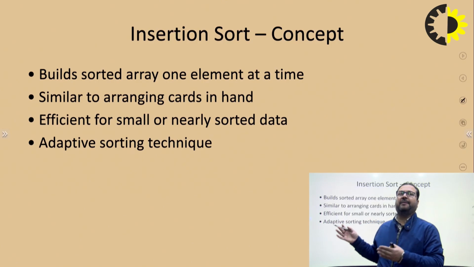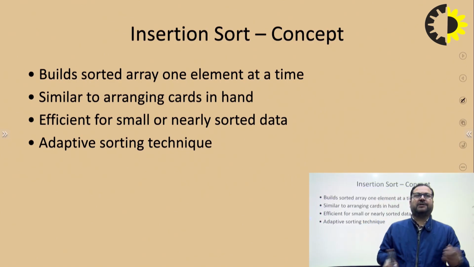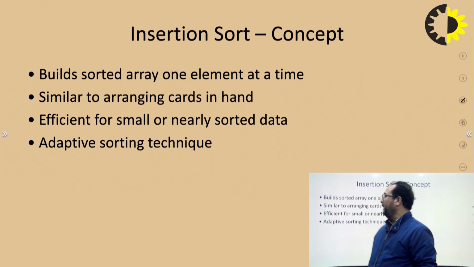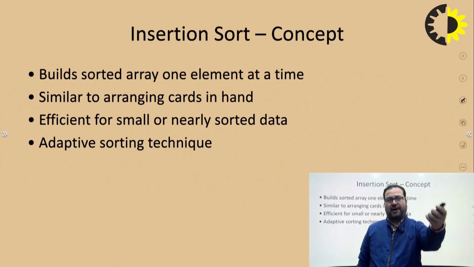Again we would have n minus 1. So the time complexity will be the same: n plus n minus 1 plus n minus 2 and so on up to 1, so sigma n, that is order of n square, if we calculate that. So the time complexity of selection sort will also be order of n square.